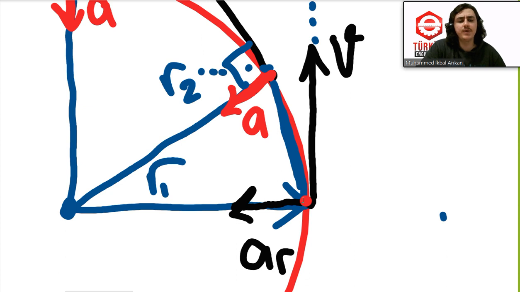Why is my displacement vector not the circular one, the longer one? Because that is just the distance. Displacement means the final position vector minus the initial position vector. So that means just the blue line, which is a straight line, a linear line, not a curved line.